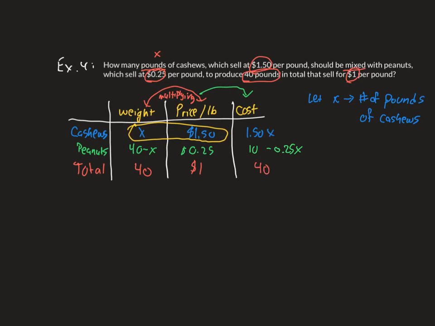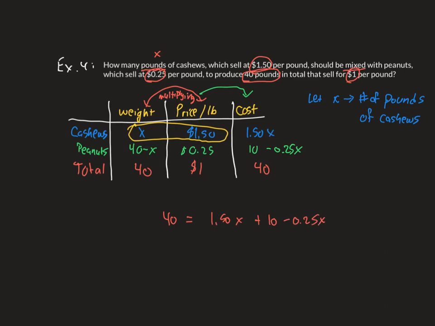All right, so let's set up my formula. So obviously in total, it's always going to be 40. When I add these 2 things together, they're going to give me $40. So what 2 things am I adding together? These 2 things. So $1.50 times x plus 10 minus 0.25x.